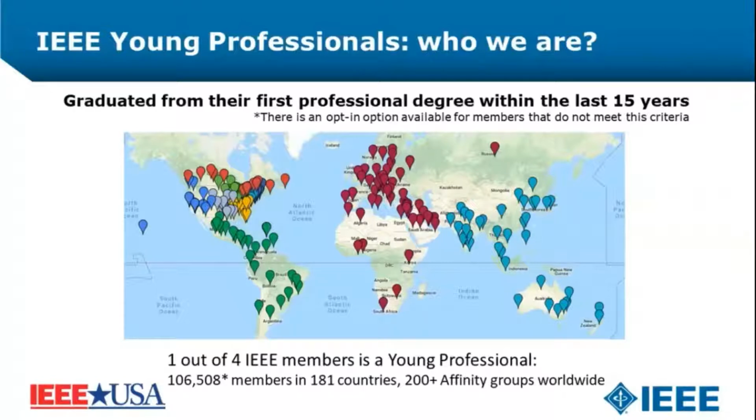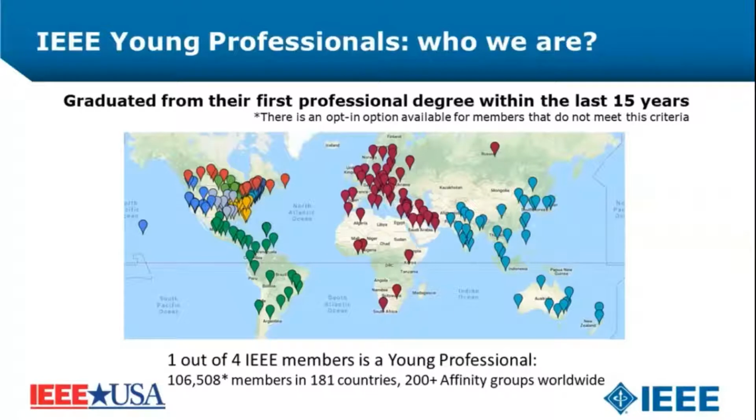The map below shows a pin for all the affinity groups that we have across the world. We have around 200 affinity groups. An affinity group is something that each section can form locally to attract young professionals and do events catered for young professionals. I think there are 85 in the US.